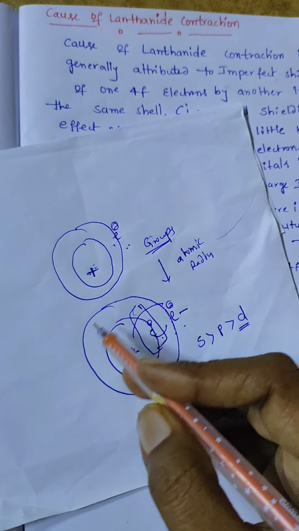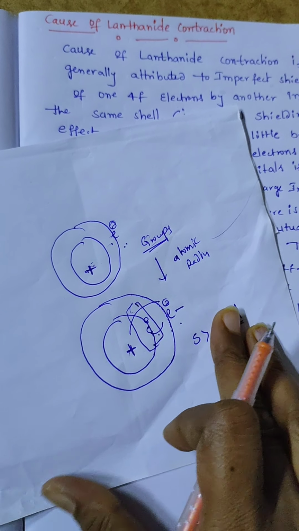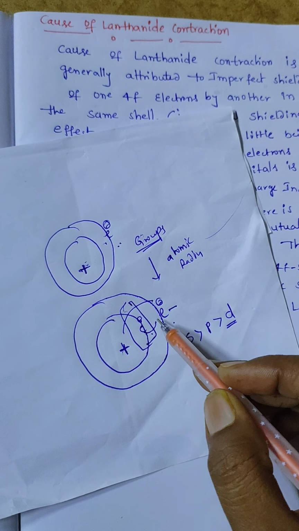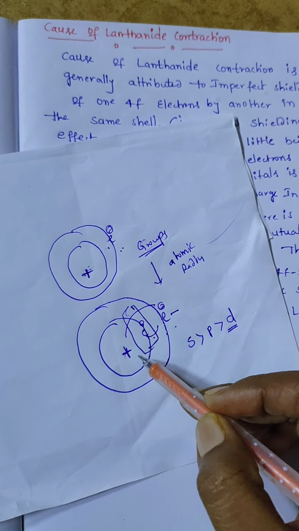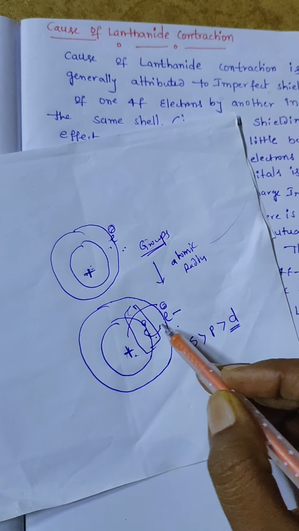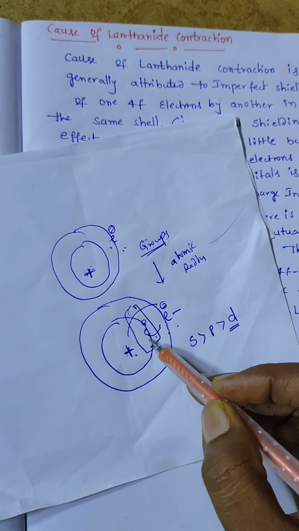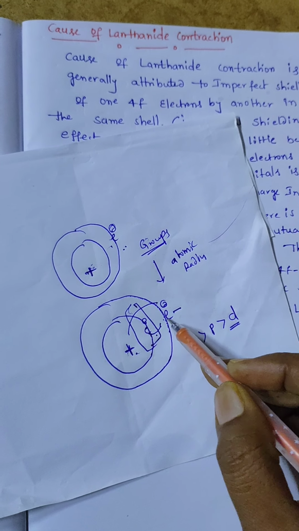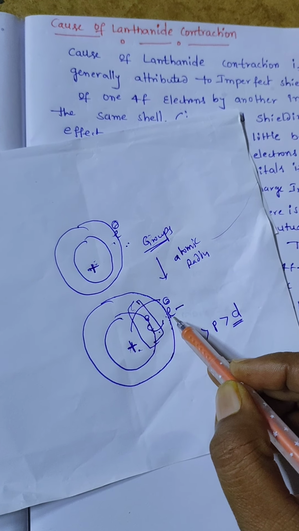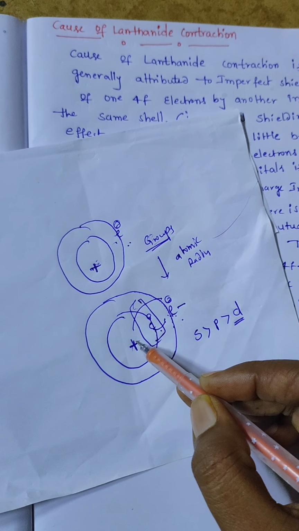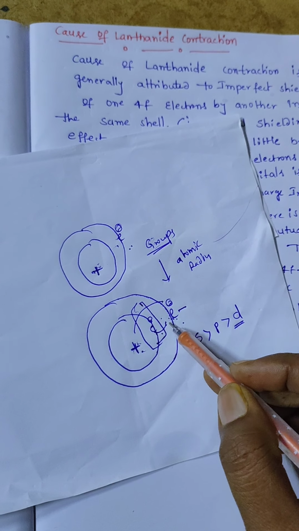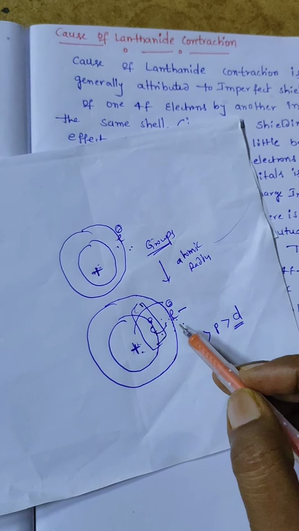So this is the shielding effect concept. The outer electron feels two types of forces: first is the attractive force by the nucleus, and second is repulsion by the inner electrons.